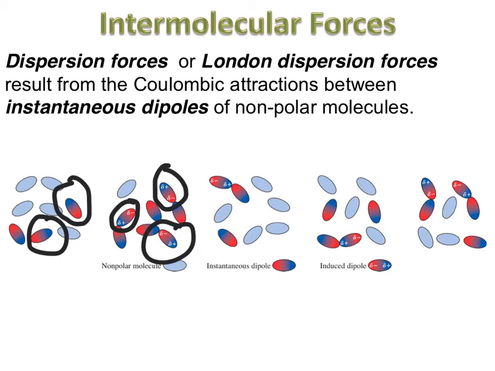The result of that is we can actually get a condensed phase in a nonpolar molecule like bromine because of the high number of electrons in it. Or the other thing that we see is that as we go down the periodic table, boiling points and melting points tend to go up because of the increasing number of electrons and the increasing possibility of having these instantaneous dipoles in a molecule.